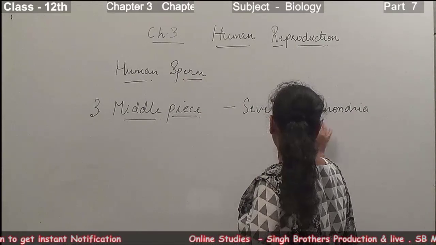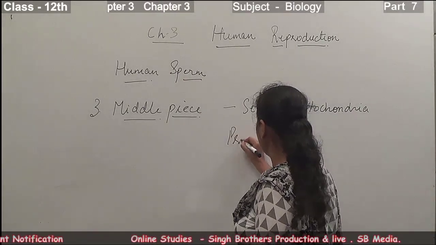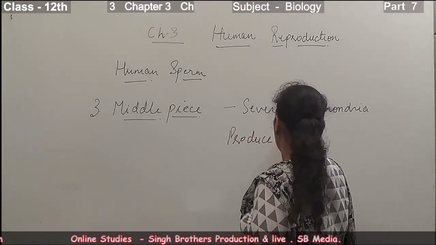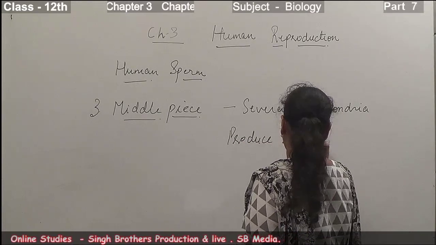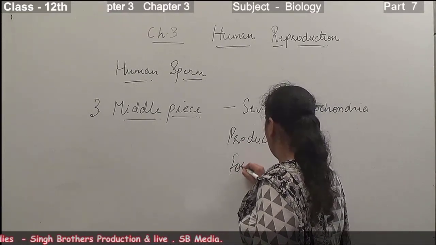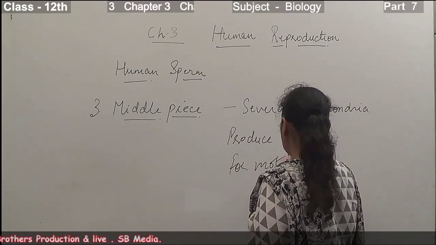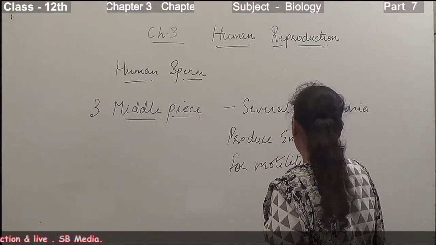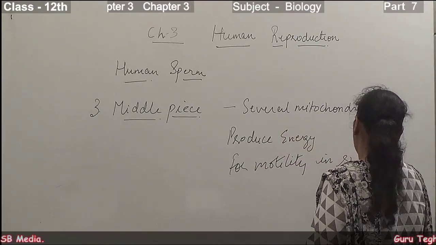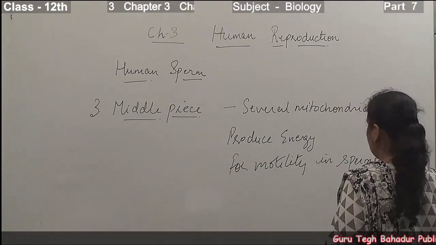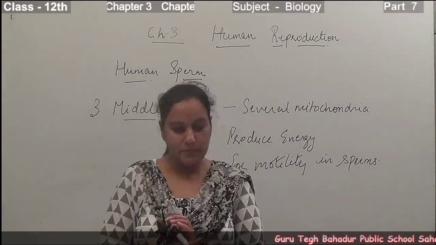So several mitochondria are there that produce energy for the motility of the sperm, which means they facilitate the movement of the sperm.